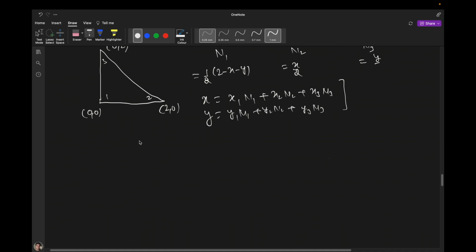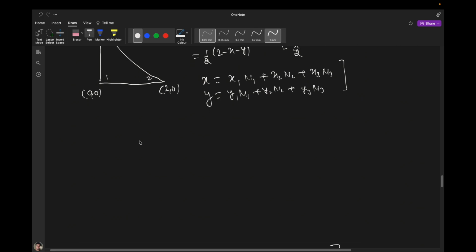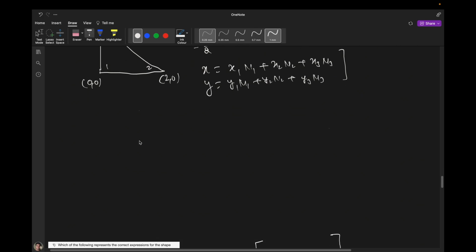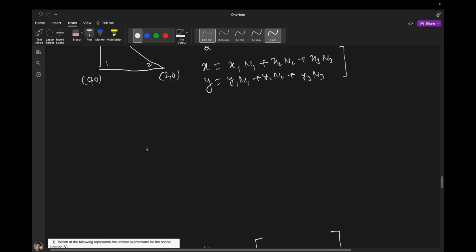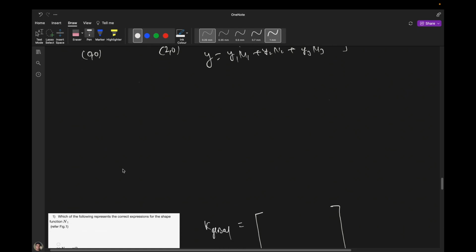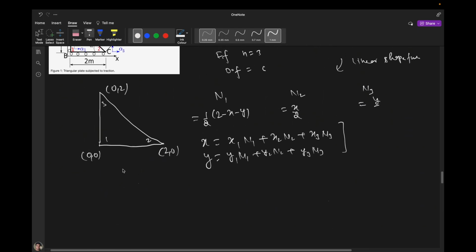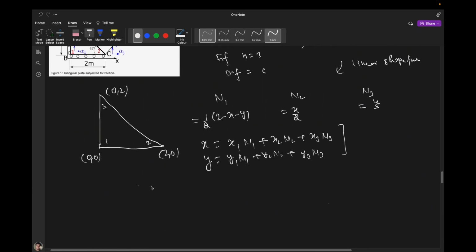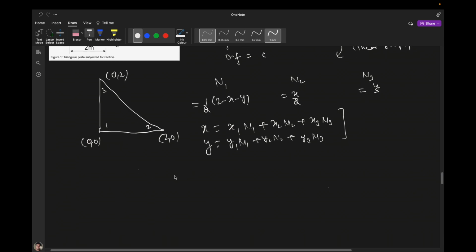Okay, so now let's focus on our variational statement, and then we will try to find what we need and what we require to solve the problem. Okay, so we already saw the variational statement.